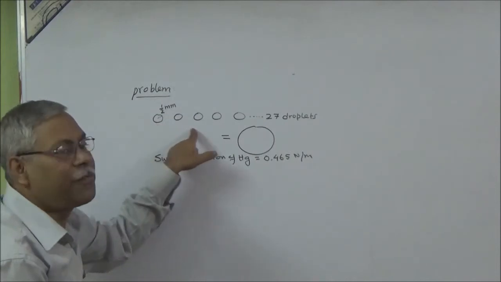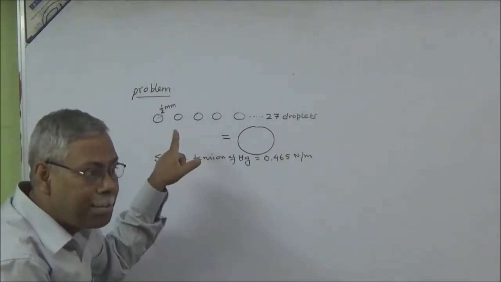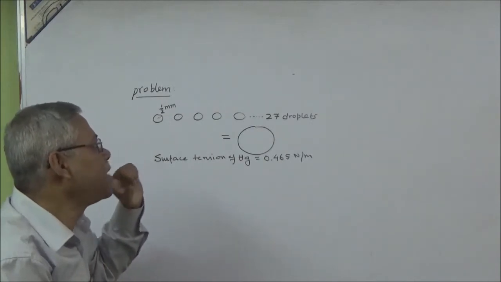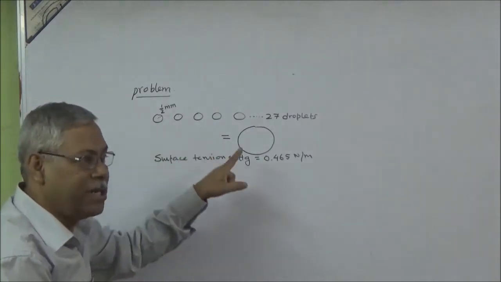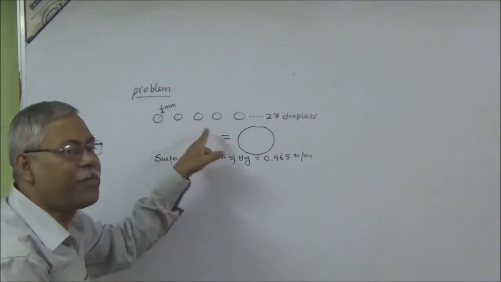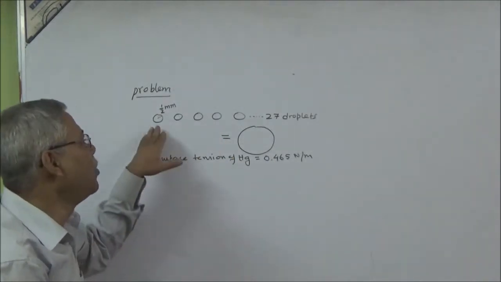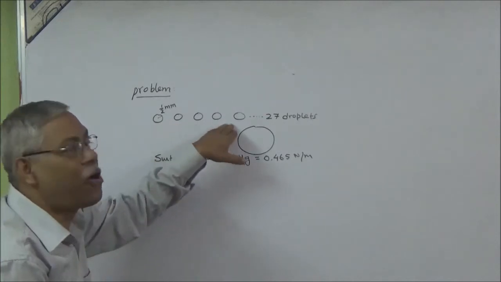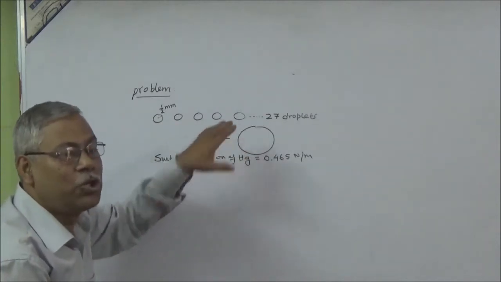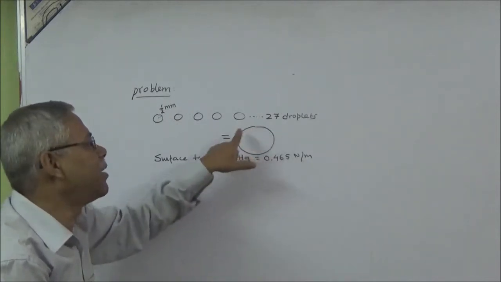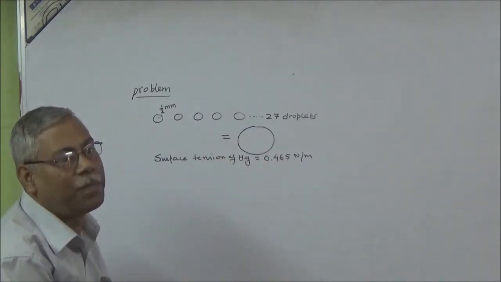In droplet form, surface energy gets reduced, that is correct. In droplet form, the surface area is large. If the total surface area of 27 droplets is greater than the surface area of this single drop.